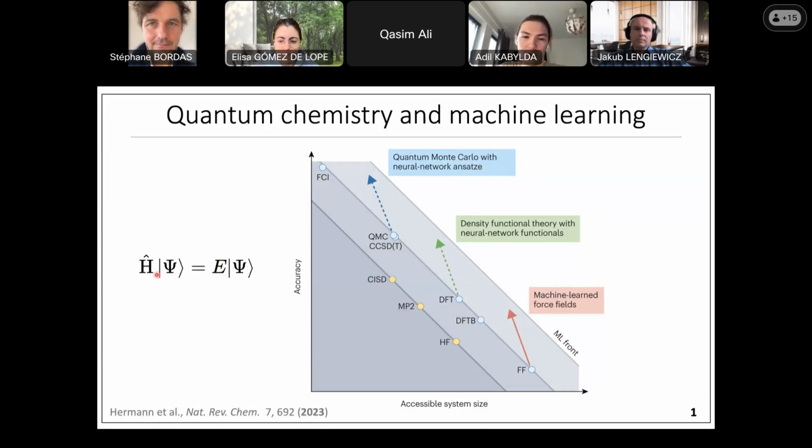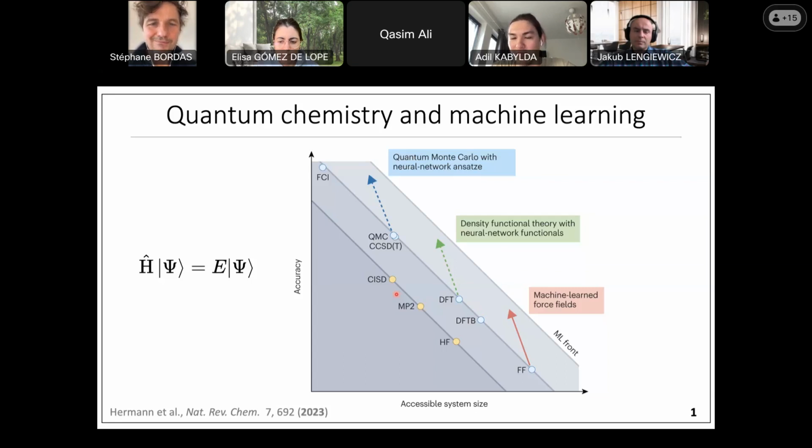So we solve it with very expensive methods, and we get some high accuracy solution. And actually, the ML front is there, but it still needs this reference data from those underlying ab initio methods. So we still need to get a few of these calculations first, then we learn the mapping, and then we can apply it to a system that is close or maybe a little bit out of the range, right? Yes.